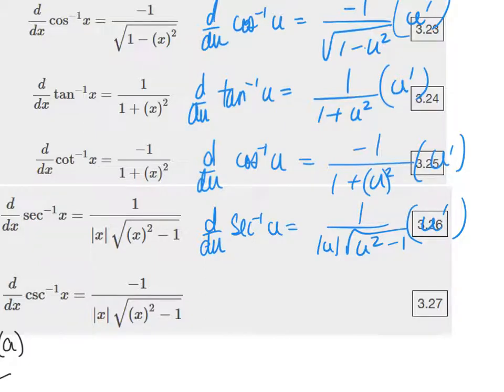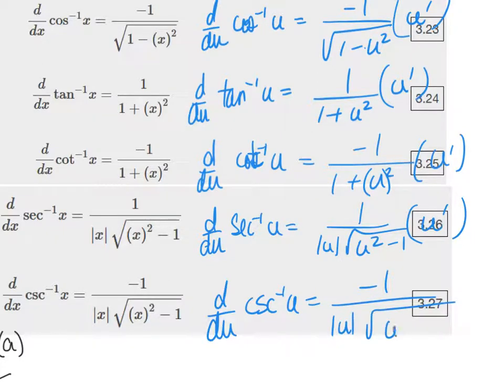It's cotangent, thank you. The derivative of the cosecant inverse of u is equal to negative 1 over the absolute value of u times the square root of u squared minus 1, times the derivative of u.